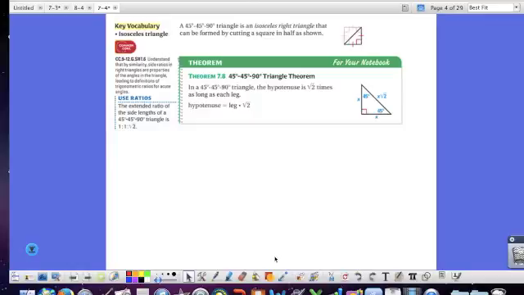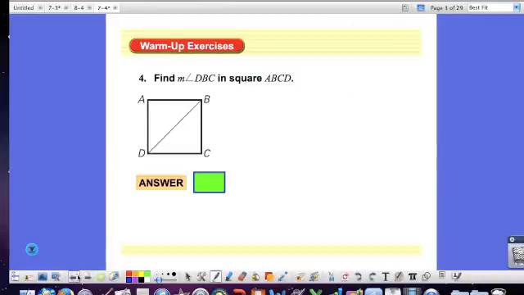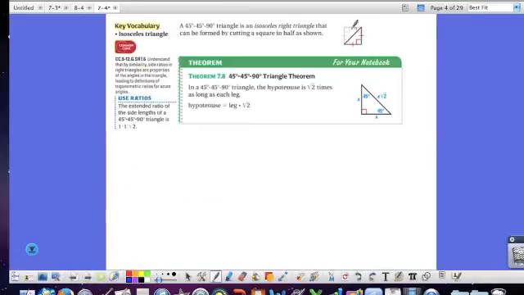A 45-45-90 triangle is called an isosceles right triangle. Like we just did in the warm-up exercise, when you cut that square across, you get two 45-45-90-degree triangles.